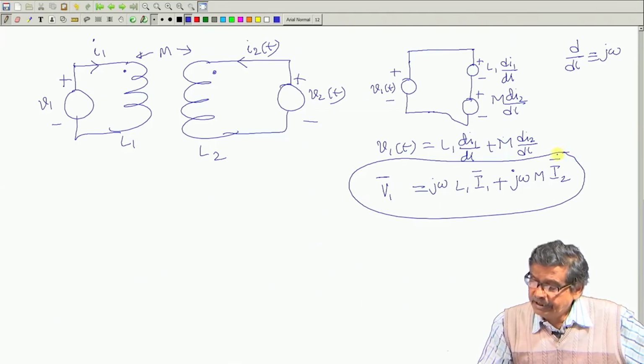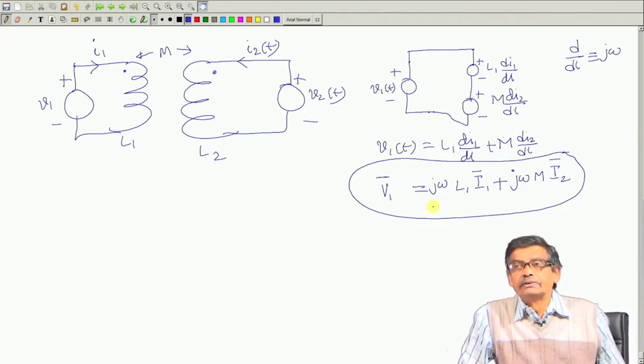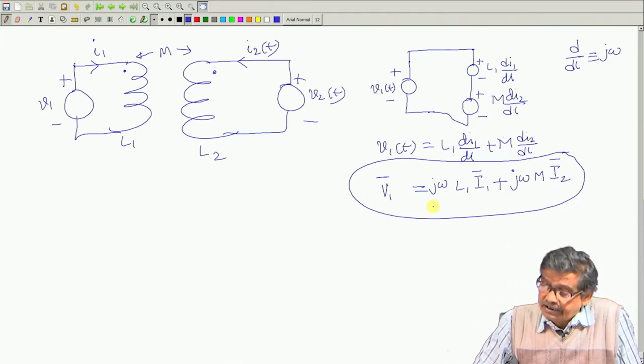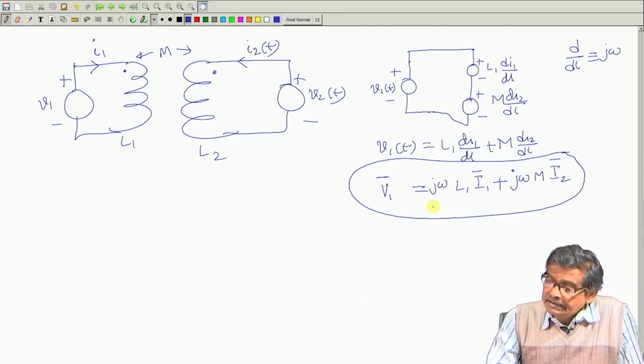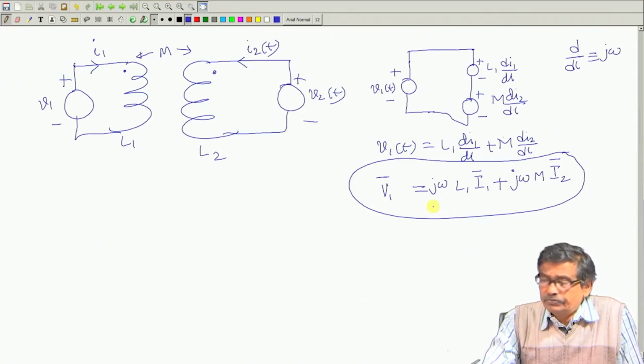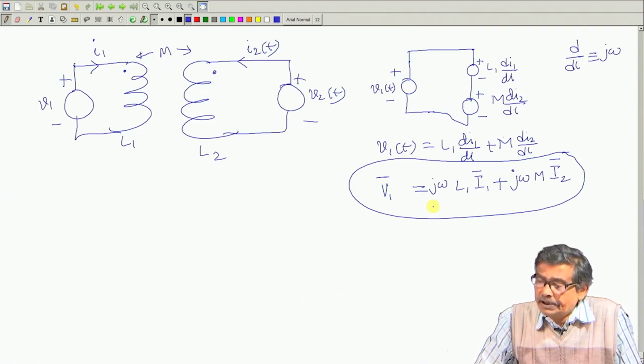If the excitations are sinusoidal and you are interested only in the steady state current, you can straight away go to the phasor domain, write down the equation, solve for the current phasors and get the current.